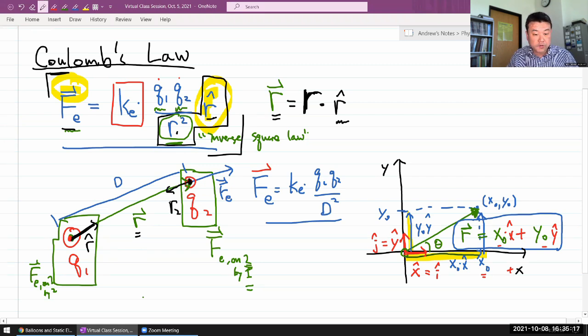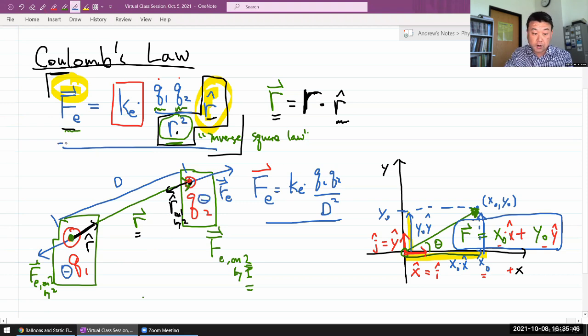This would be my new unit vector; let me label it R hat on 1 by 2. When you work out the force, it goes in the same direction as this R hat vector, so it goes in this direction. That's also repulsive.